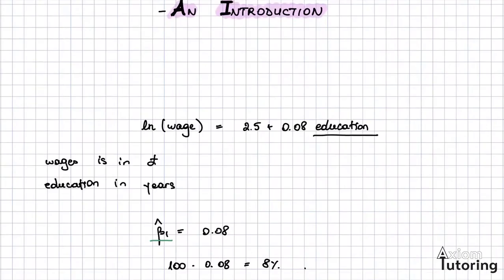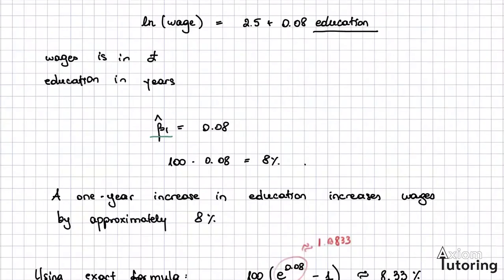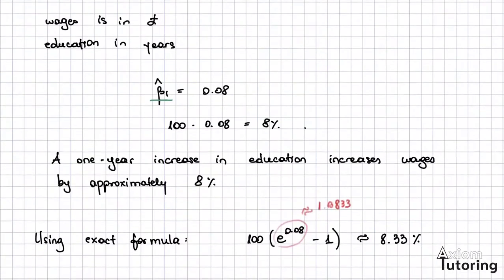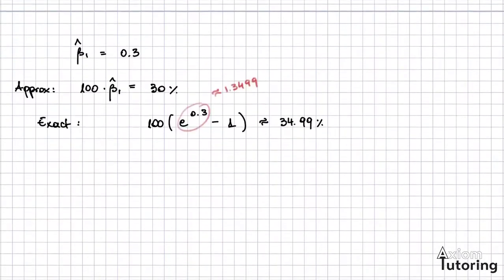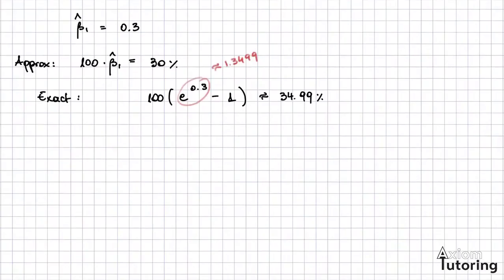Now, the other thing that you also need to keep in mind is that while all of these interpretations are done when x increases by 1 unit, that does not mean that you might not be asked to answer questions like, well, what happens when x increases by more than 1 unit?